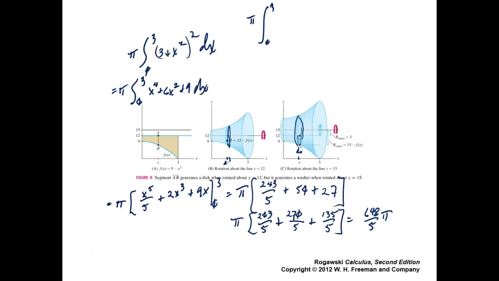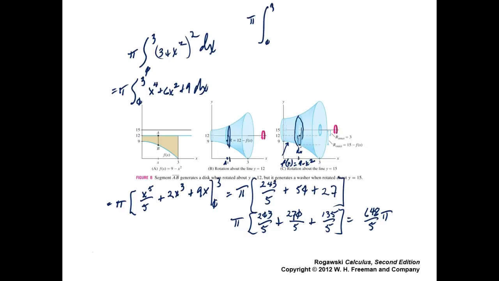The outer radius is from that line to here. What would that be? We stated the function wrong, or stated it: f of x is equal to 9 minus x squared. That is this curve right there.